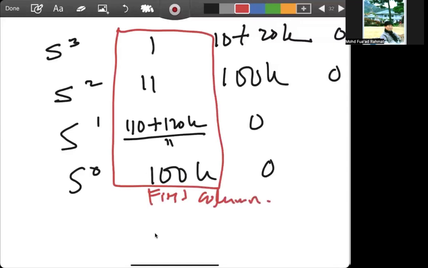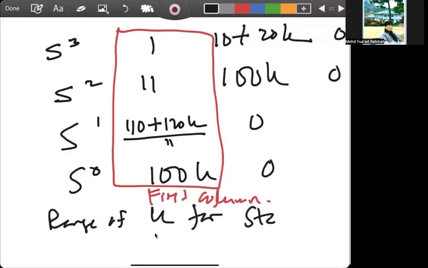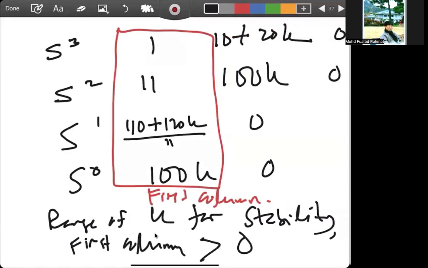The theory said, for the range of K for stability, the first column must be greater than 0. So in this case, this one is greater than 0.